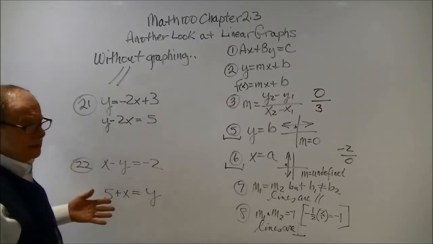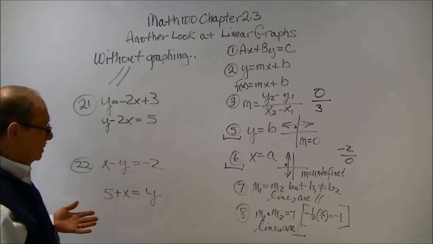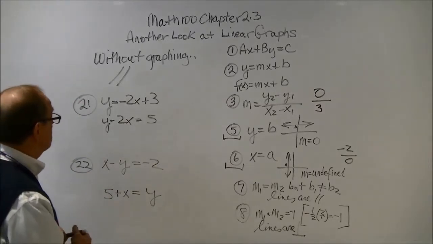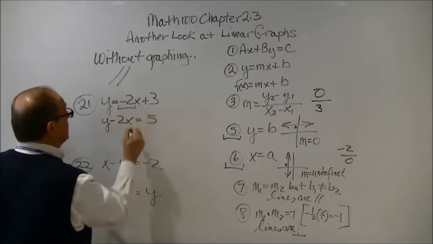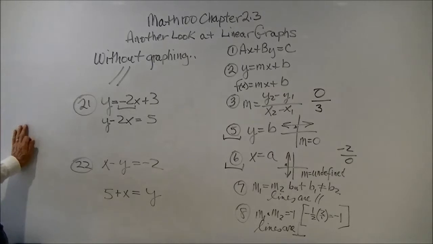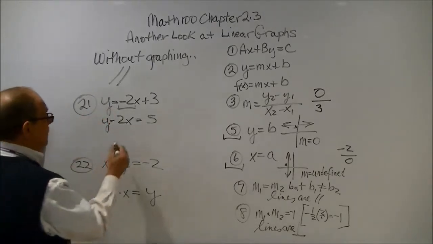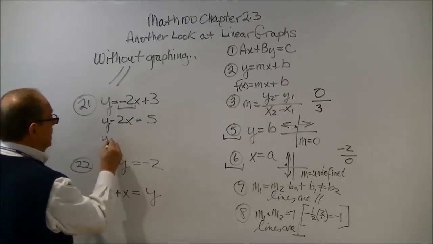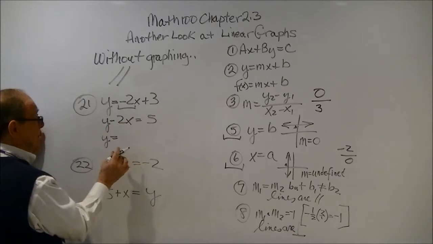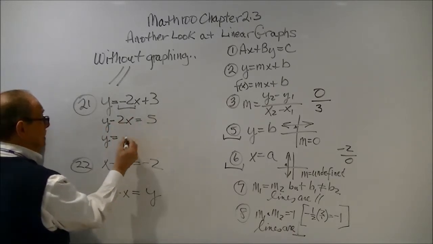And for all of these, it's just really comparing the slopes. So, here we know the slope of this one is a -2. And I've rewritten that so it's in standard form. Now, this one, I have to put it in standard form, transpose this to the other side.